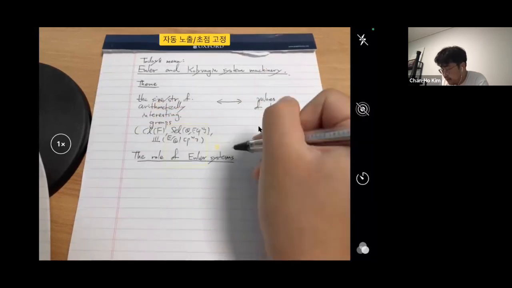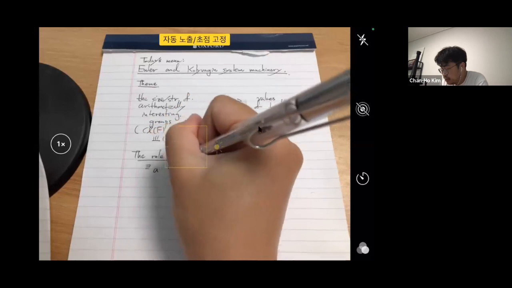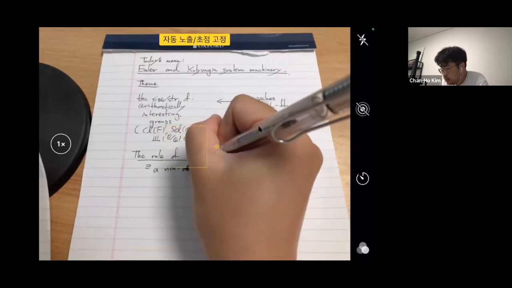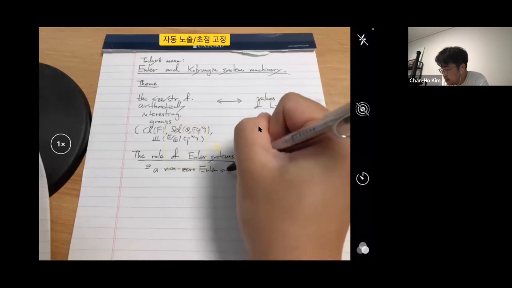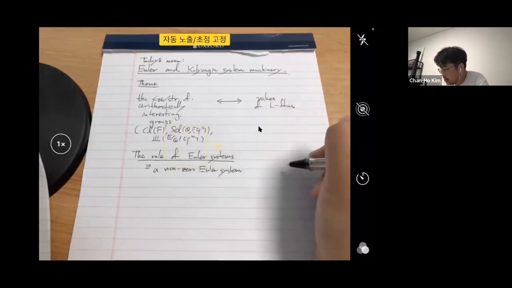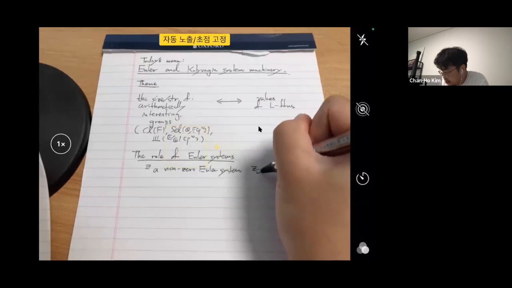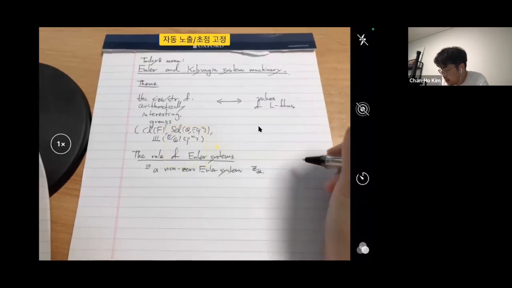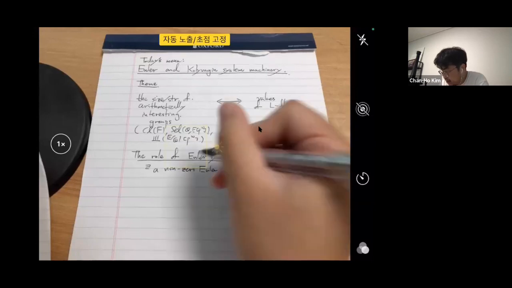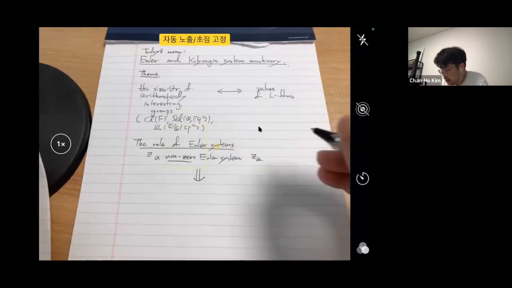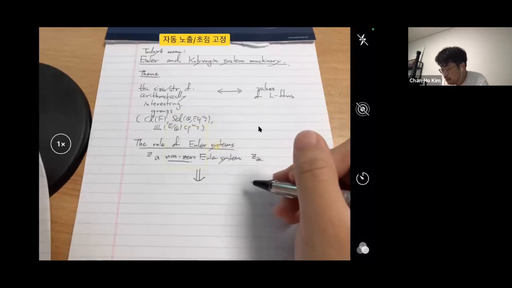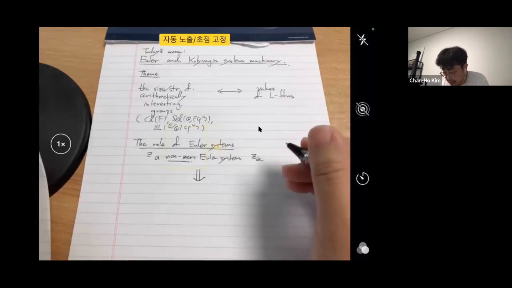So if I have a non-zero Euler system in the bottom class, in my case over Q, and the Heegner point case over the imaginary quadratic field, then people usually say that by Euler system machinery, we get an upper bound of Selmer groups.